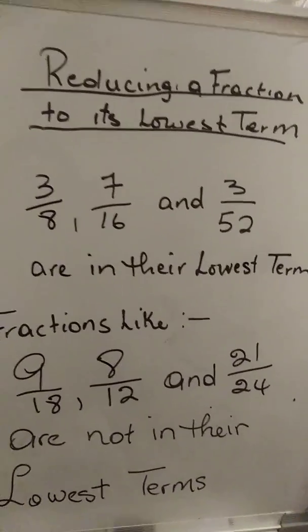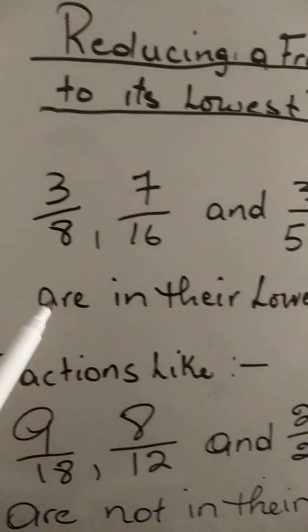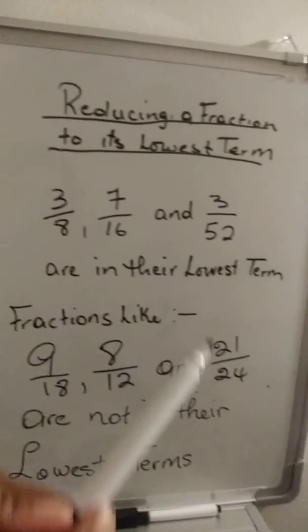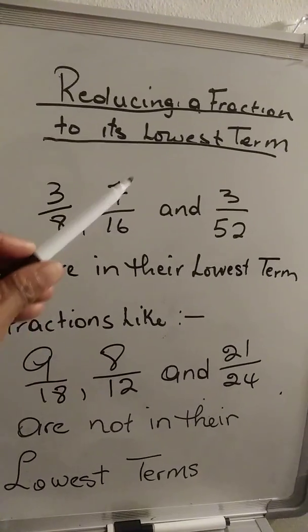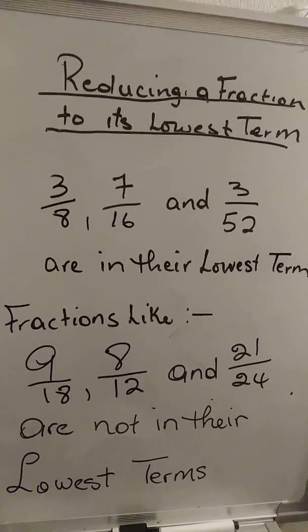3 eighths, 7 sixteenths, and 3 over 52 are in their lowest terms.